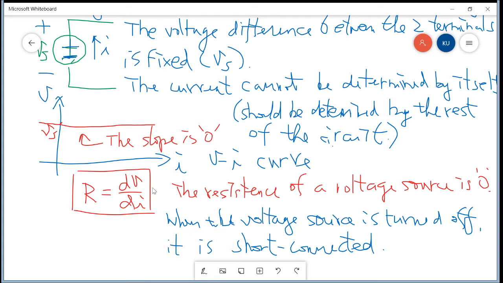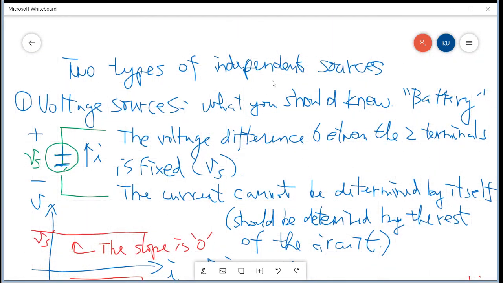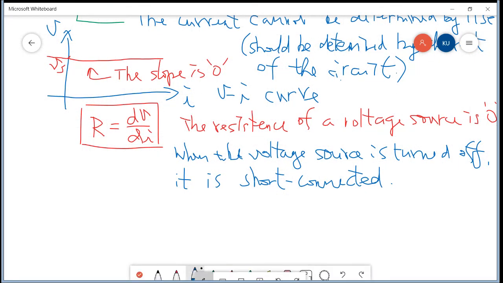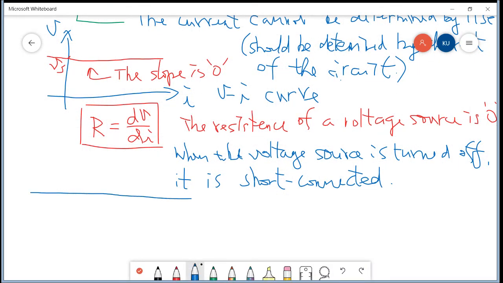And the second type of independent source is called the current source.